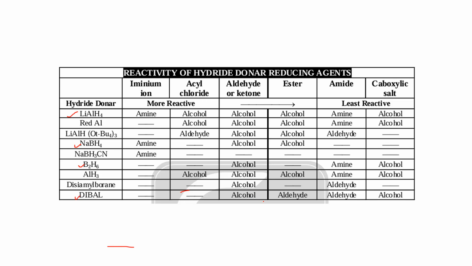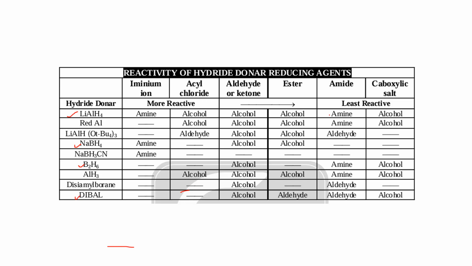In the case of DIBAL-H, it will not react with iminium ion or acyl chloride, but it will react with aldehyde or ketone to give alcohol. Again with ester it gives aldehyde, specifically a one step reduction, just one step reduction. From amide it will give aldehyde, and from carboxylic acid it will give alcohol.